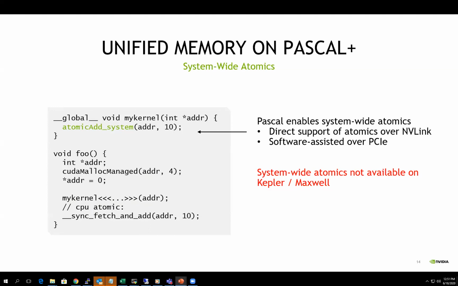And the system-wide atomics allow you to access a managed allocation from all processors atomically. Okay, so I can do that read, modify, write that we talked about in our last session. I can do it from GPU 1 and CPU 1, and both of those operations will proceed uninterrupted on that managed allocation.